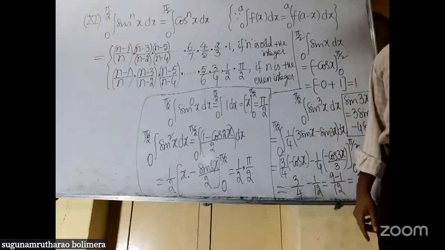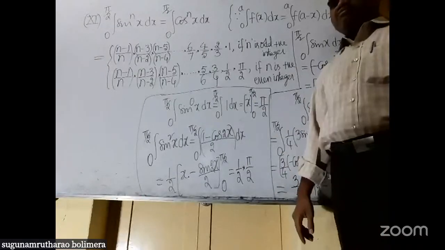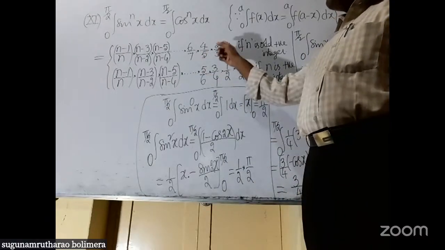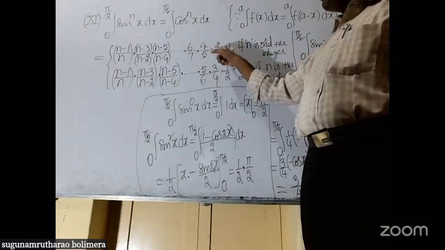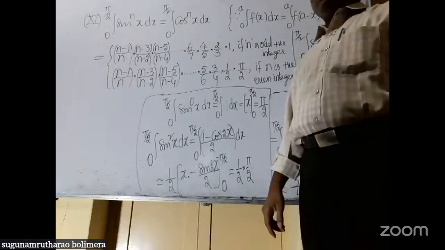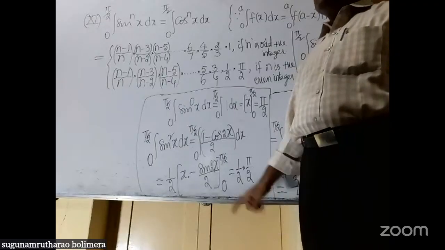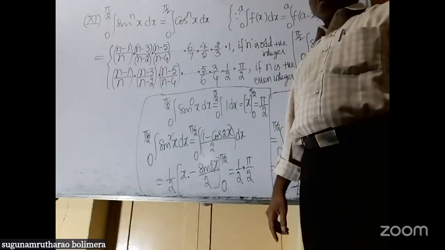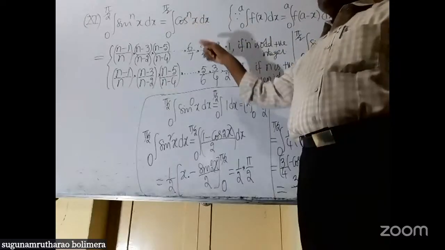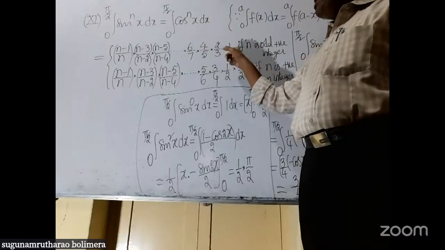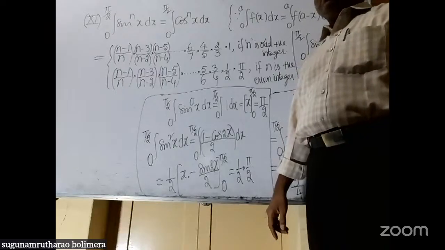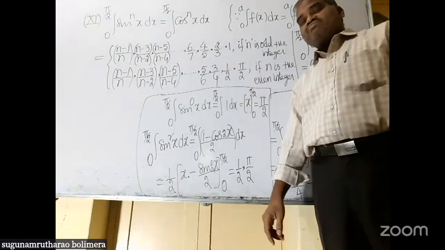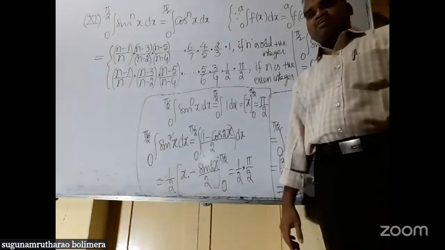In the same manner, if you want sine power 7x, 6 by 7 into 4 by 5 into 2 by 3 into 1. Sine power 5x, 4 by 5 into 2 by 3 into 1. Sine cube x or cos cube x from 0 to pi by 2, 2 by 3 into 1. Sine x or cos x from 0 to pi by 2, the value will be only 1. This is the way you have to remember.